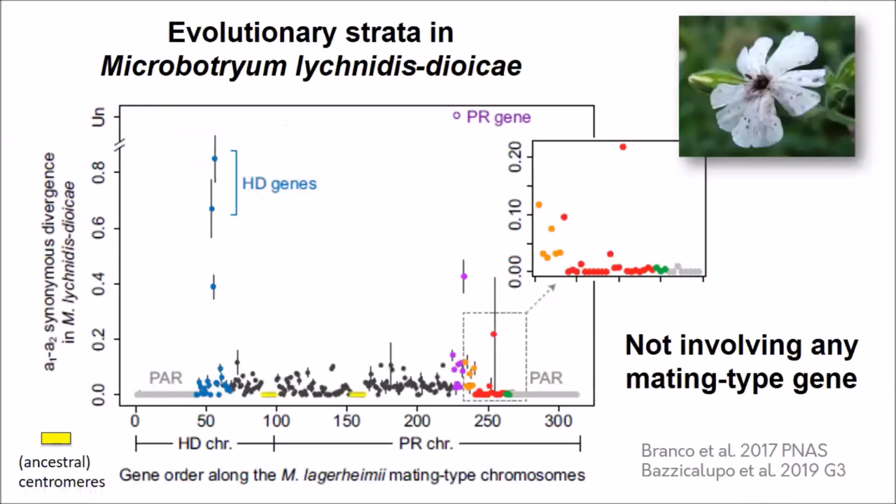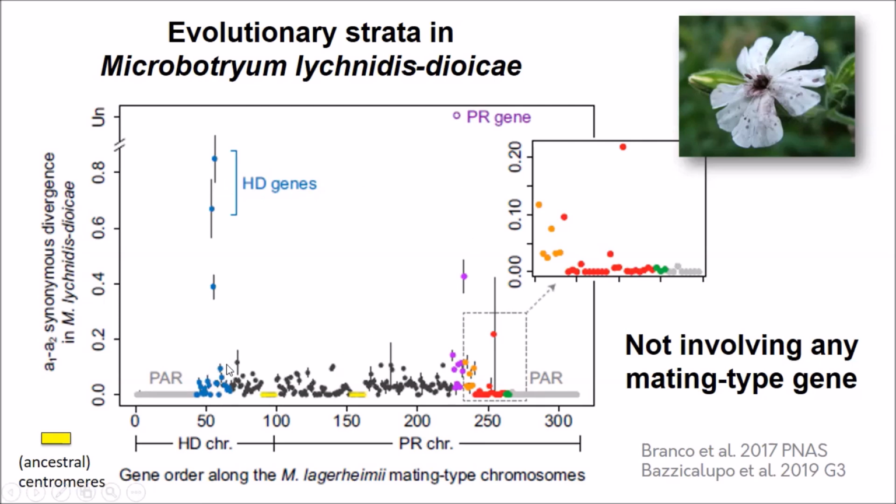So then we plotted the divergence between the A1 and A2 alleles, but this time along this reconstructed ancestral gene order. And here, now we can see footprints of evolutionary strata. So you can see high divergence for the HD genes and PR genes.